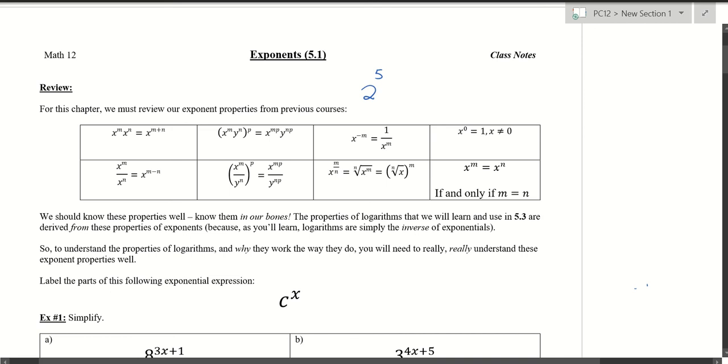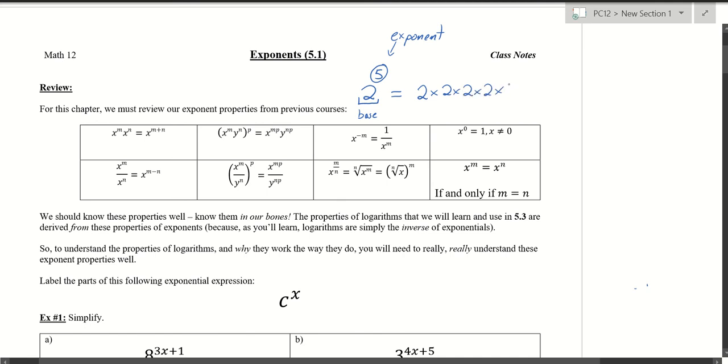What is an exponent? An exponent is simply a code for repeated multiplication. So here I have a power, or an exponential term, and this power has a base and an exponent, and we usually just interpret this as a code for repeated multiplication. The base is what is getting repeatedly multiplied.